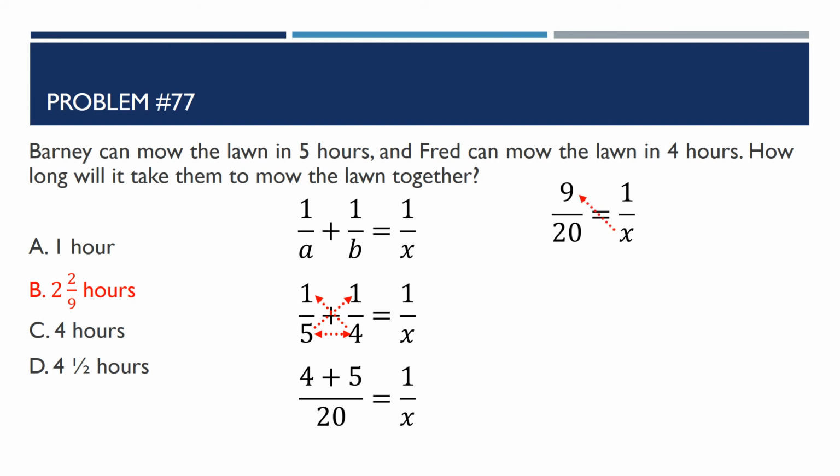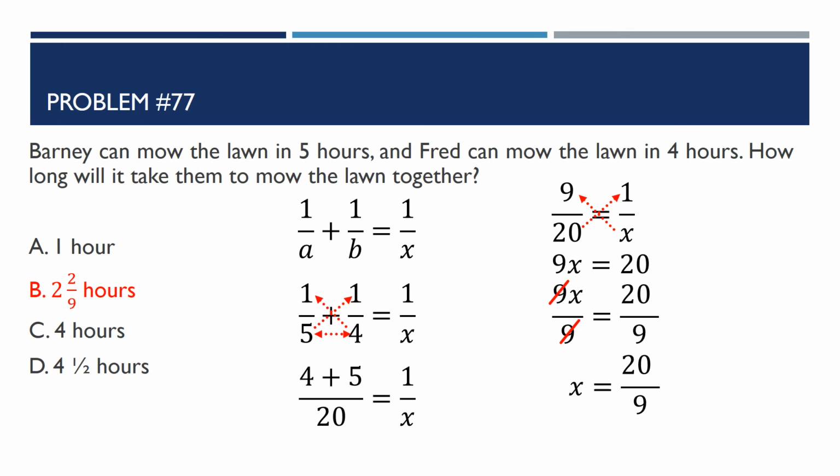So 9 times x is 9x, and 20 times 1 is 20. So it will be like this. Then we divide both sides so that the 9 will be cancelled. So it will be x equals 20 over 9, and changed into mixed form, it will be 2 and 2 ninths.